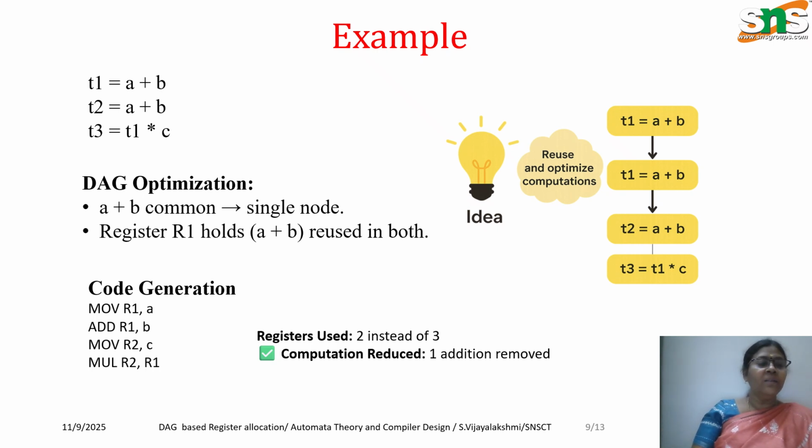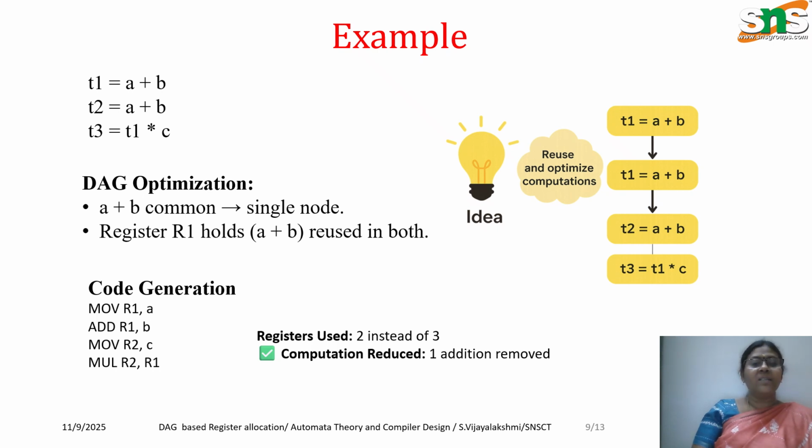Let us apply this to a real example. T1 equals A plus B, T2 equals A plus B, T3 equals T1 into C. Here, A plus B is shown two times, but it is a single node. Register R1 holds A plus B, reused in both.